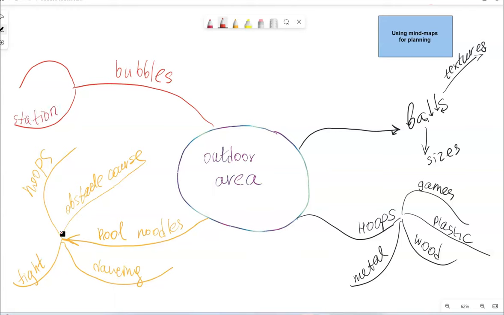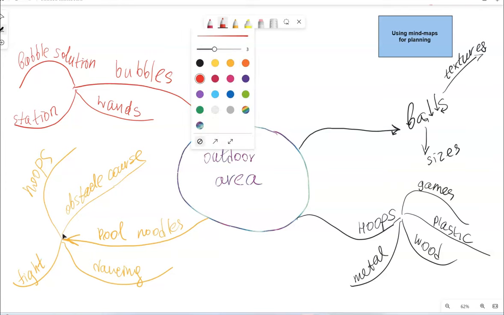And you might think about children can make their own bubble solution, and they can come and get more bubbles from this bubble station, and they can also make bubble wands. So that's the whole idea of activities, experiences, learning and play that branches out from your thinking about what to set up in this area.